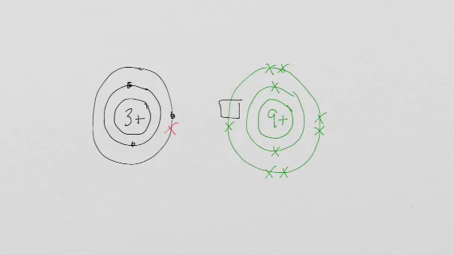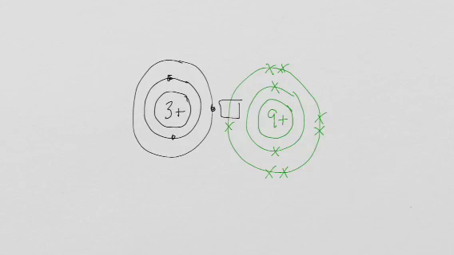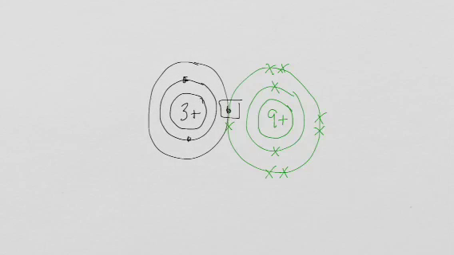Lithium would actually need 7 more electrons, and that is so unlikely to happen that we say it will not happen. So what ends up happening here is the lithium atom sees that the fluorine only needs that 1 electron, and it comes over and it gives it to fluorine.